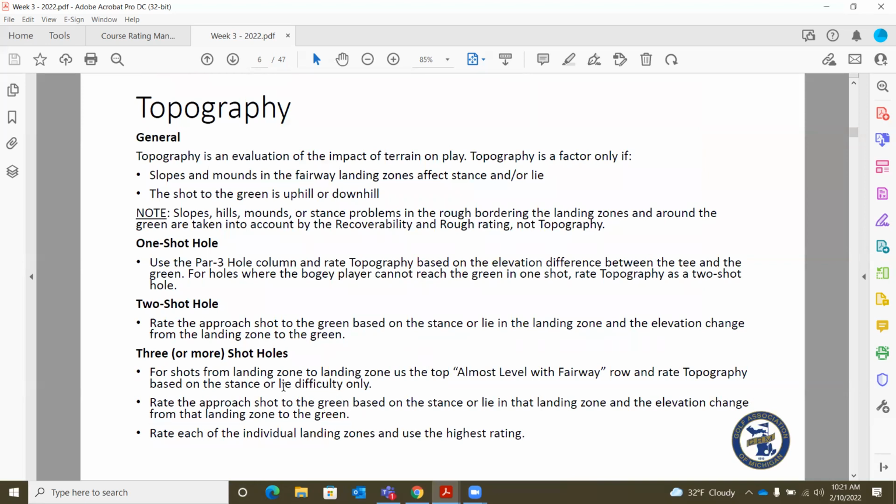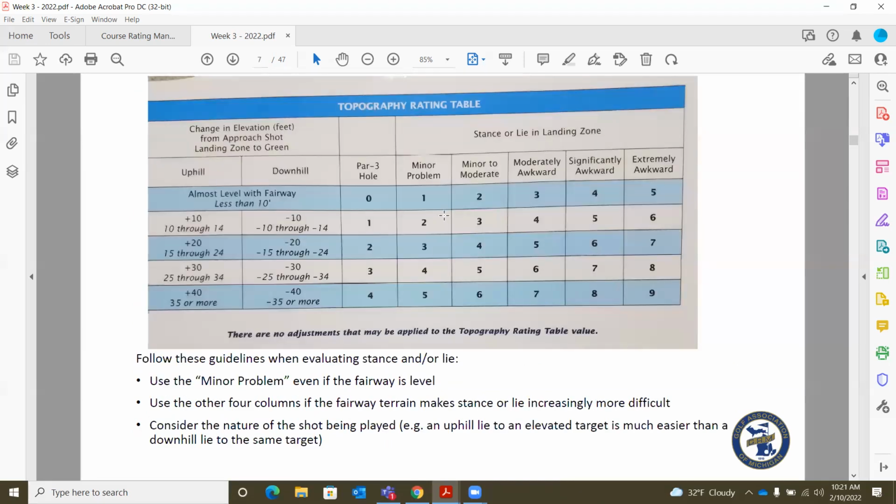But when we do have multiple shots that we're looking at, so a 3 or more shot hole, we're going to rate each one of the shots, and then we're going to pick the higher rating value. So for example, if we look at our chart, on our first landing zone to our second landing zone, we're almost level with the fairway, and it might be moderately awkward, right?